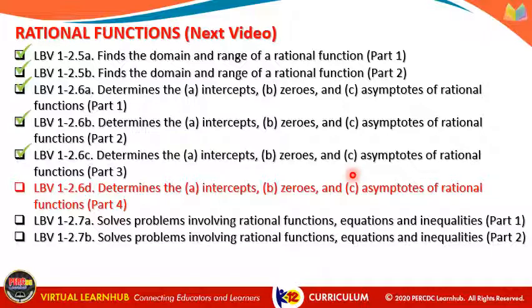So balikan na natin yung utang ko sa inyo noong LBV 1-2.5B. Kasi sabi ko dati, hindi tayo makapag-solve ng mas complicated na range and domain problems unless alam natin yung asymptotes. Ngayong alam na natin yung asymptotes, o di sige, let's apply them. Yun yung focus ng next video natin. Okay po?